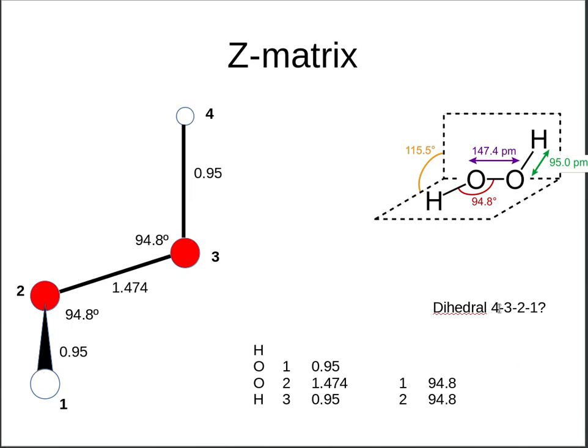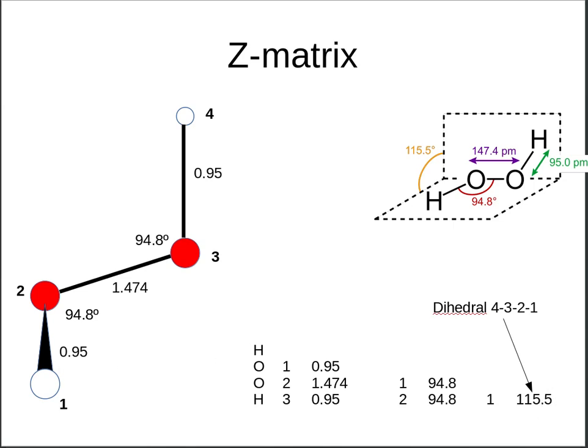So that dihedral 4, 3, 2, 1 is simply this 115.5 degrees, and we include it in the Z matrix. Row 4 bonded to 3, 2, 1, so the dihedral 4, 3, 2, 1, and we can list its value as being 115.5 degrees. So this is as difficult as it gets with the Z matrix. We'll only go up to dihedral.